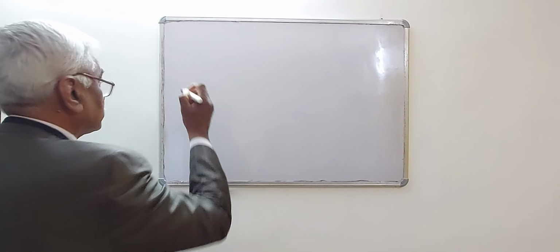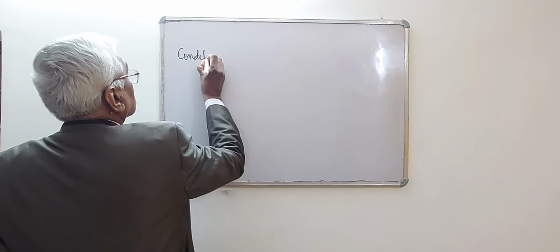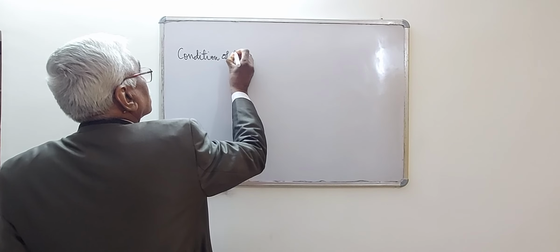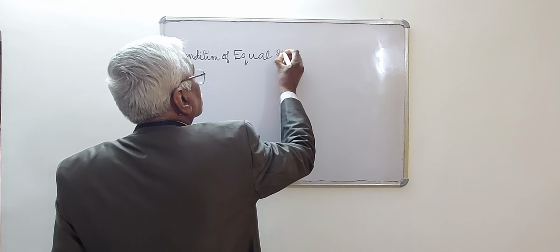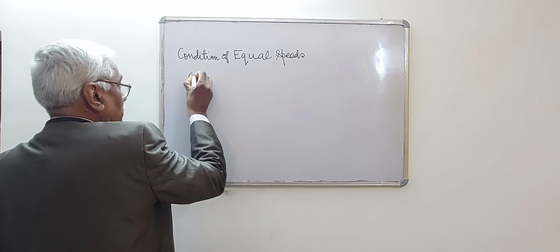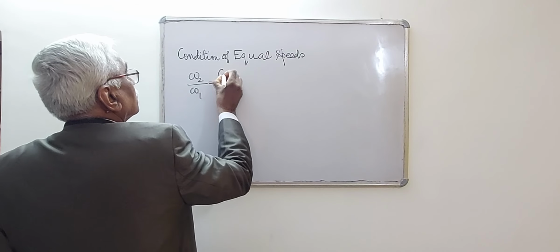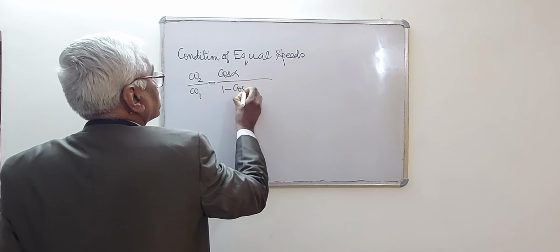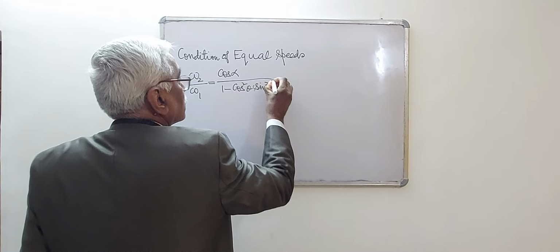Condition of equal speeds. Omega 2 by omega 1 is equal to cos alpha divided by 1 minus cos square theta into sin square alpha.